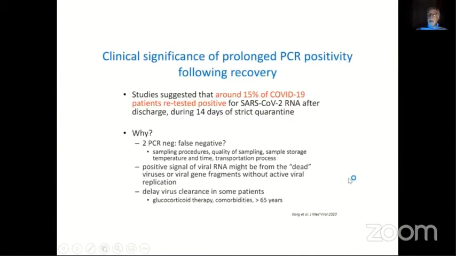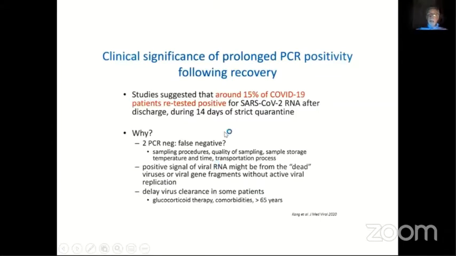One possibility is that the second PCR during the quarantine was negative for some, like a false negative. This means it is only the kill of the positivity. There is strong data suggesting that the positive signal of the viral RNA might be from dead viruses or viral gene fragments without active viral replication.